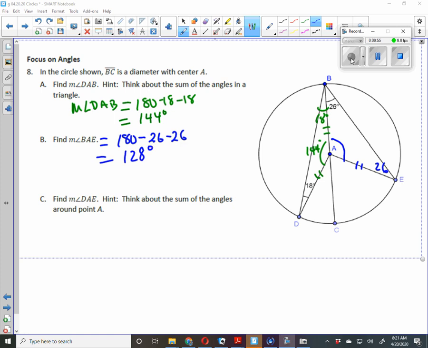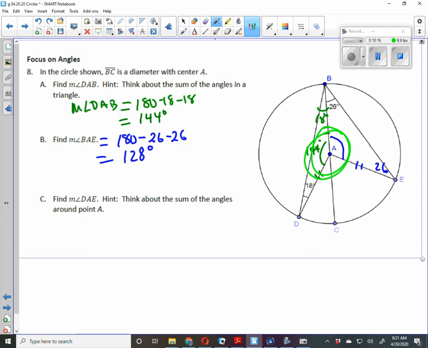Then lastly, it says find DAE. Hint, think about the sum of the angles around point A. Don't we know that the sum here is going to be 360?